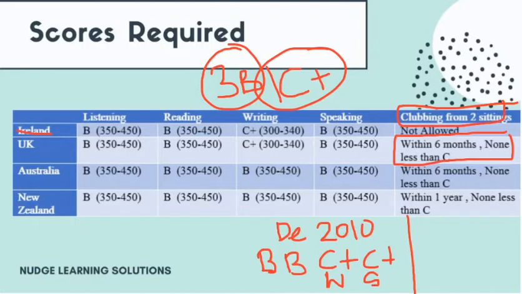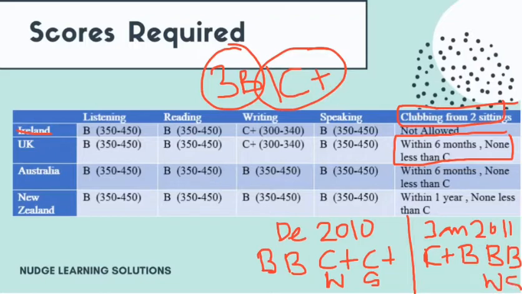But if it's in the UK, you have the option to write another exam within 6 months. Suppose you write a test in 2011 and suppose you get C plus, B, B, the last B's being for writing and speaking. You have an opportunity to club these scores.